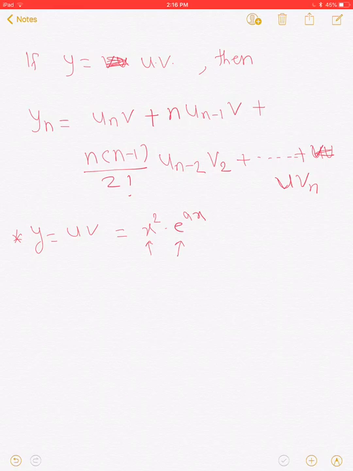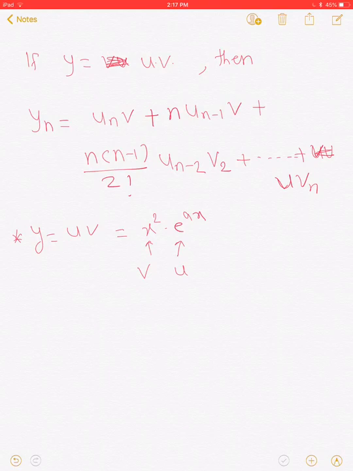So here function x square is a polynomial whose derivative will vanish earlier, so we are choosing function v as x square, and we can choose function u as e raised to the ax because it is easy to calculate. So our v function is always a polynomial, or such a function whose derivative vanishes earlier.